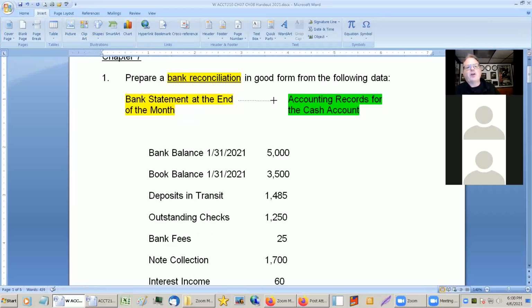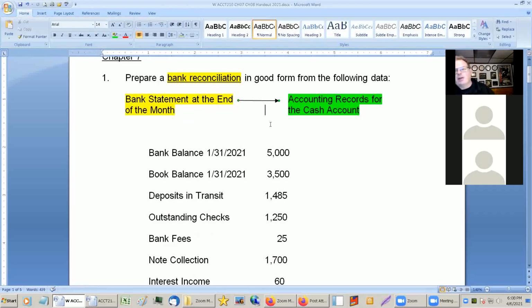There'll be things on your bank statement that you didn't know about. And so you're going to have to make the adjustments on your books for those things. Now, there's also going to be things that go the other way.